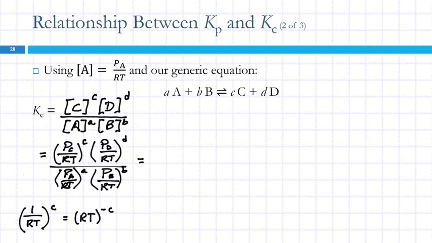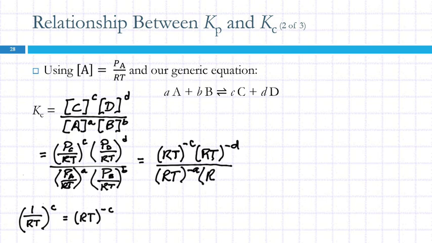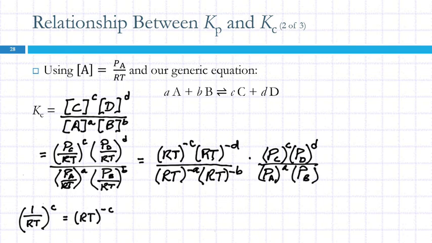So then what I've got over here is RT to the negative c times RT to the negative d divided by RT to the negative a and RT to the negative b times PC to the c, PD to the d, PA to the a, and PB to the b.